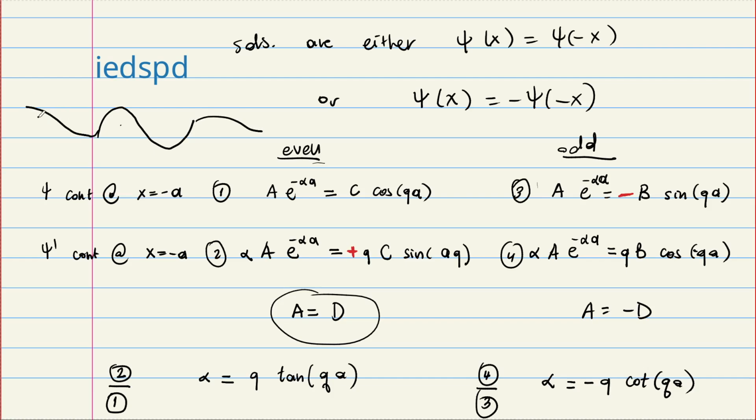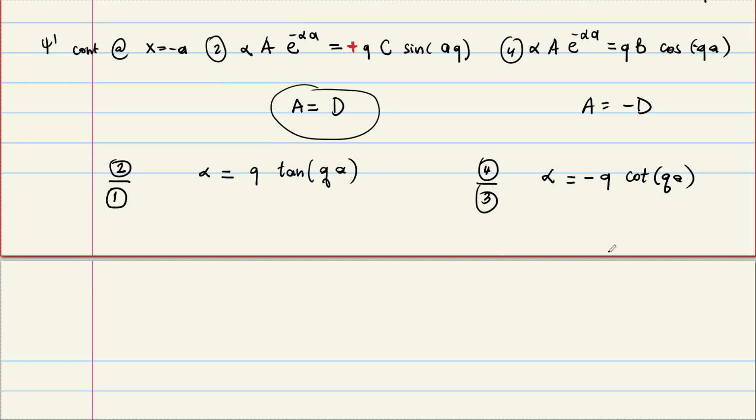So if this side is coming from, psi of x needs to be minus psi of minus x, so I need to have this extra minus sign. All right, so that's it. We solved the condition. This gives us a condition, this gives us another condition. We now just manipulate these equations to make them a more palatable form, and then that will be the end of the solution.